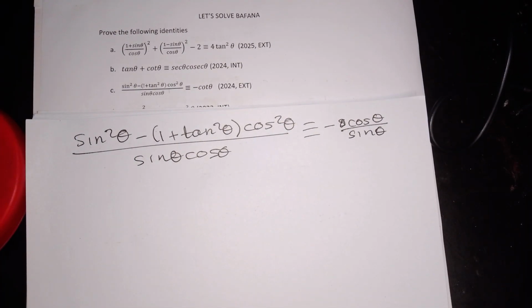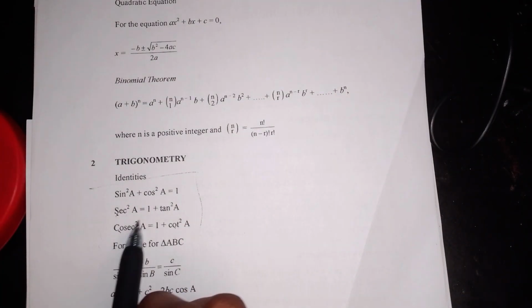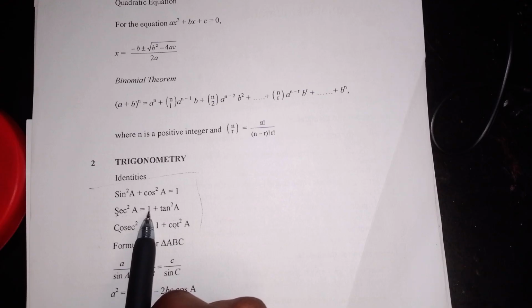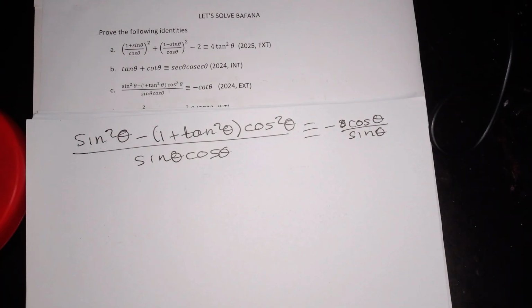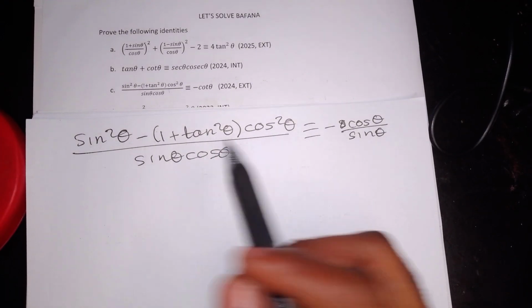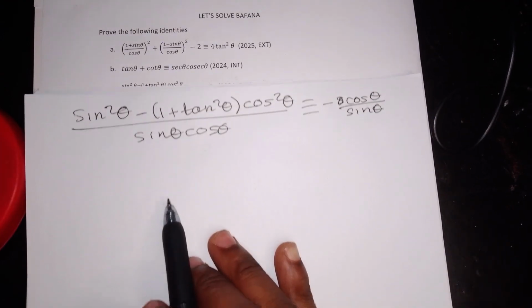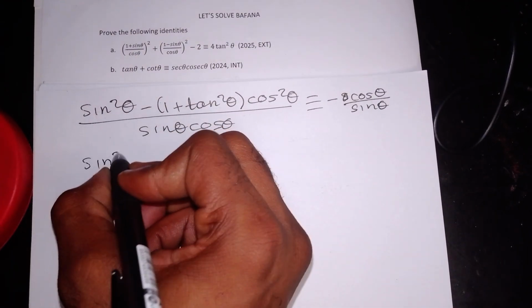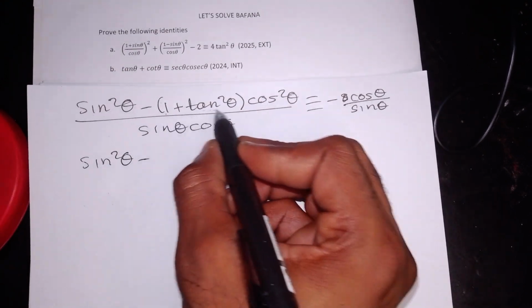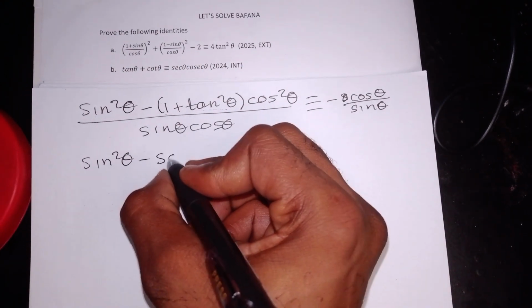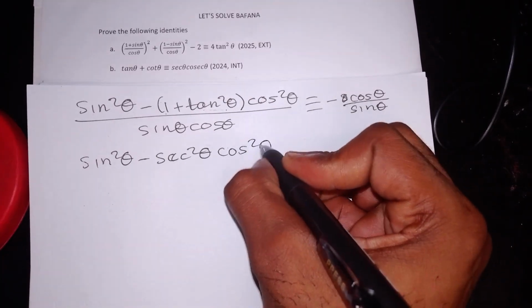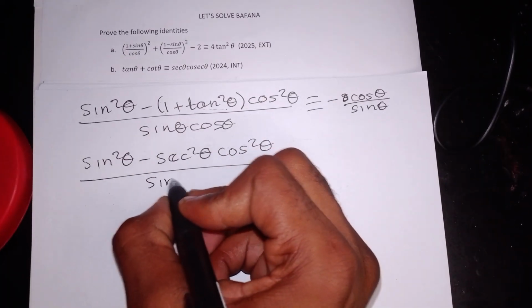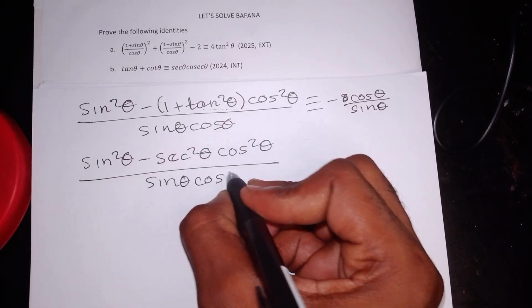So what you do here is you can just refer to the cover page for this identity. As you can see, we have 1 plus tan squared theta, which is equal to sec squared theta in the brackets there. But if you want, you can still expand. It's the same thing. So sine squared theta minus sec squared theta, as you saw from the cover page, and then everything over sine theta cos theta.